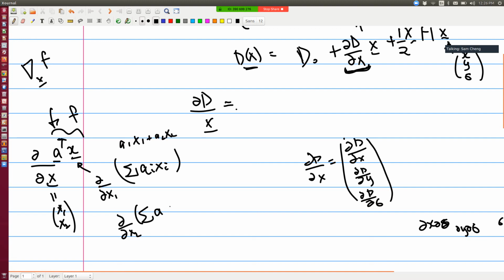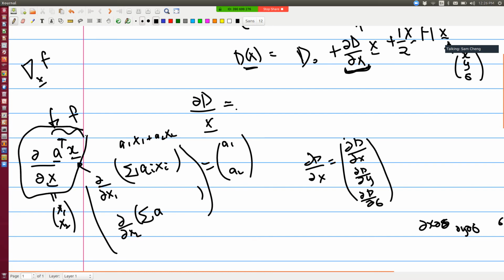So this is a1 x1 plus a2 x2. If I take this derivative, I will just get back a1 and a2, right? So in general, when you have something like that, it just gives you back a, actually.